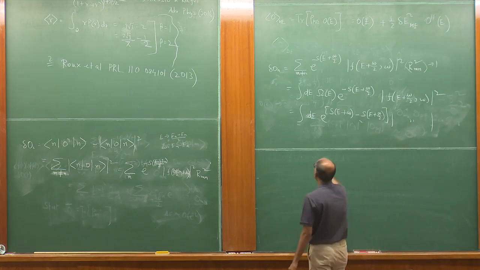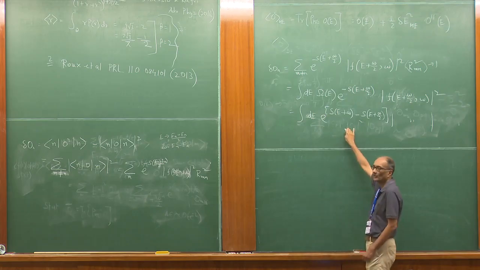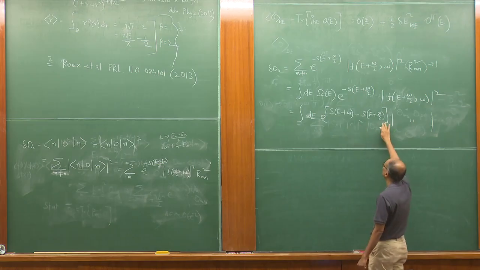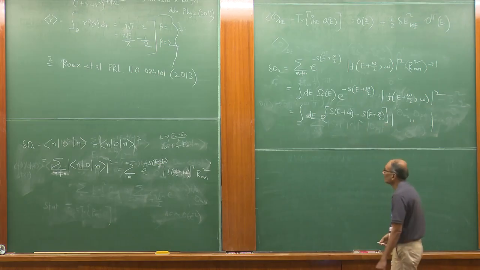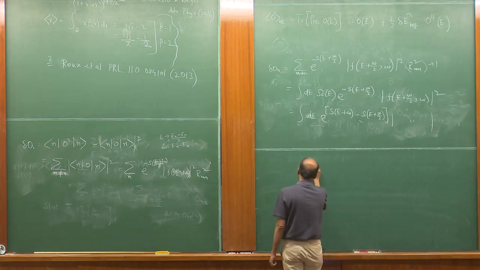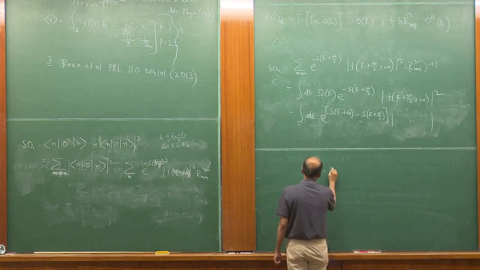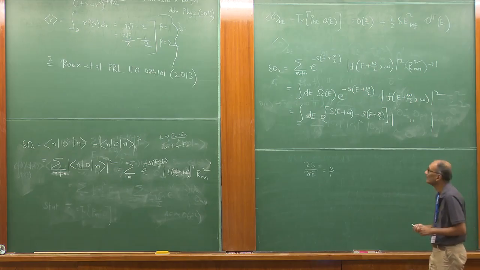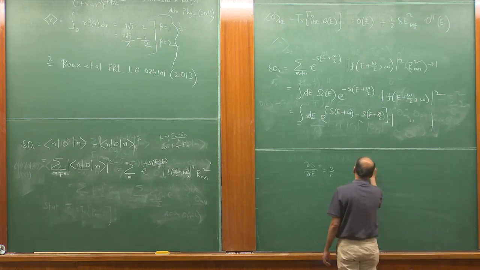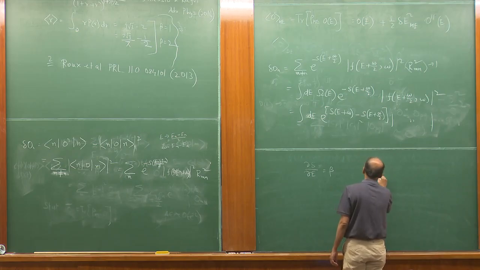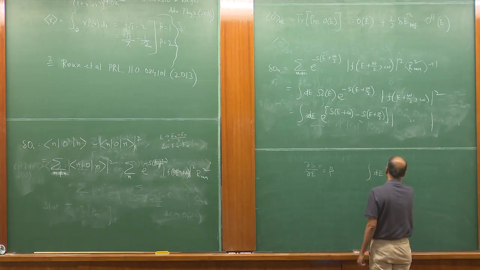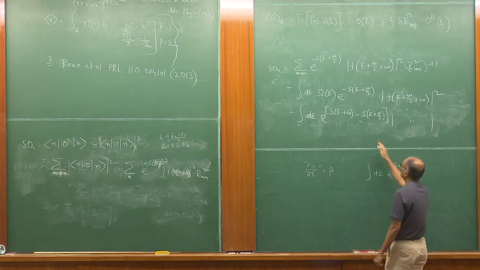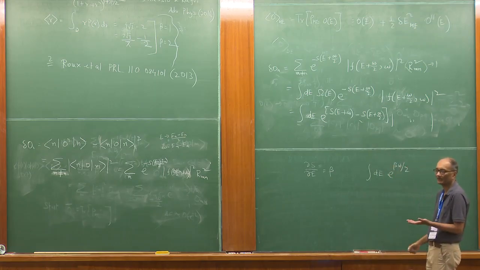Okay. So now I am going to expand. Because these are smooth functions of E, I am going to expand this in omega. So to expand this, I have a relation that del S del E is just beta, right? Which is inverse of temperature. That's the definition of temperature in a system. So this I can write as dE. Then the first term is exponential beta omega by 2. Okay, I'm expanding in omega.